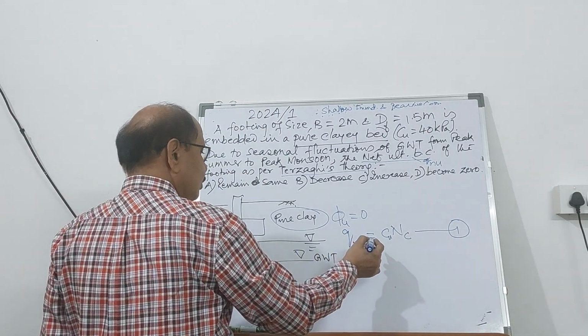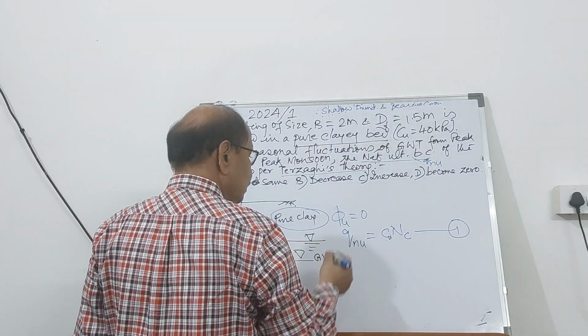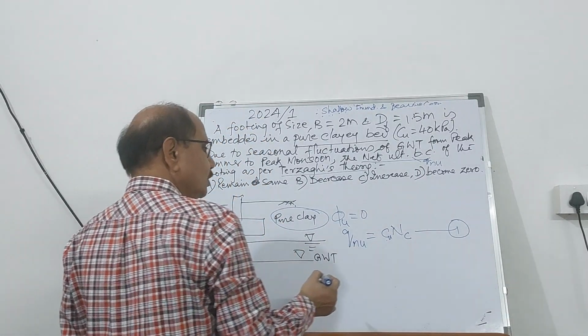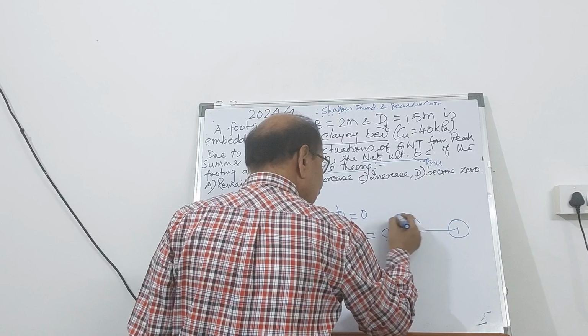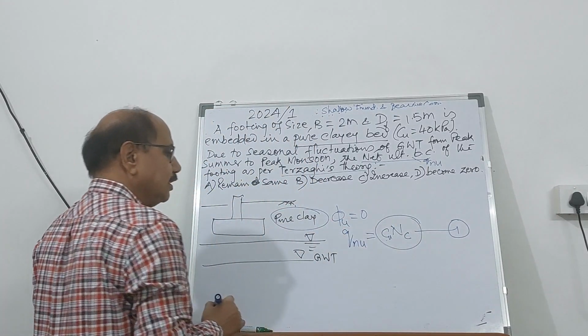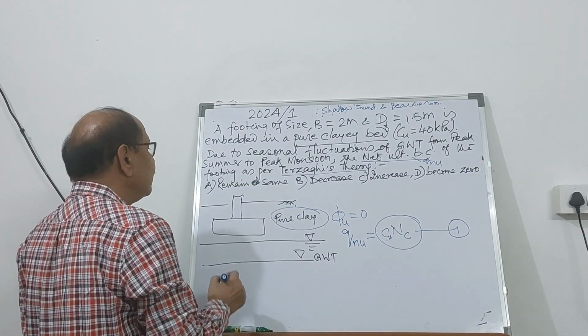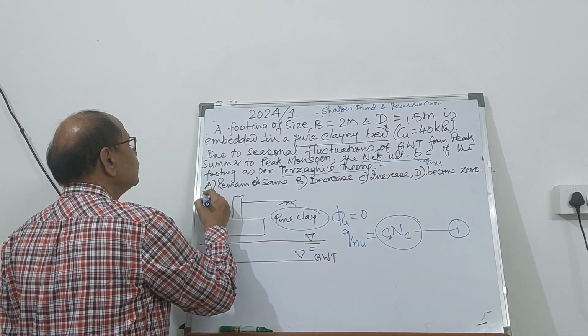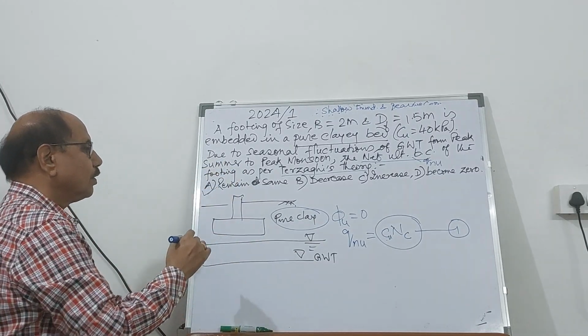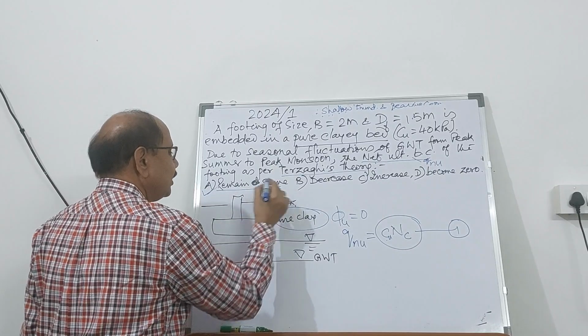Nc is not going to change, Cu is not going to change, and there is no correction for water table here. Therefore, it remains same, no change.